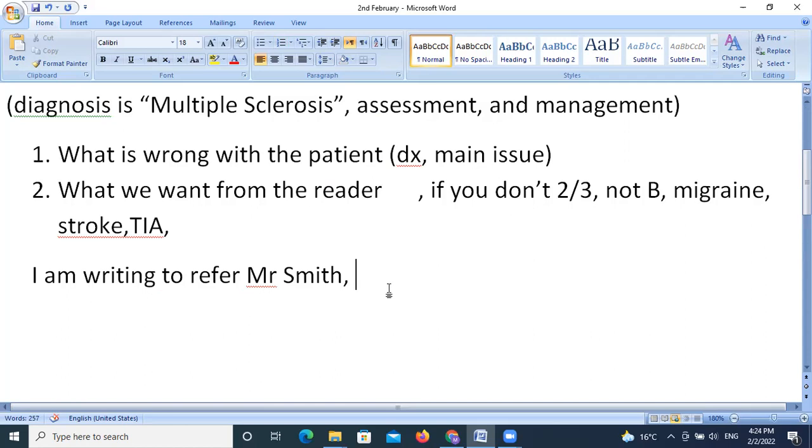There are different options: signs and symptoms consistent with multiple sclerosis. Who has signs and symptoms of multiple sclerosis like this?